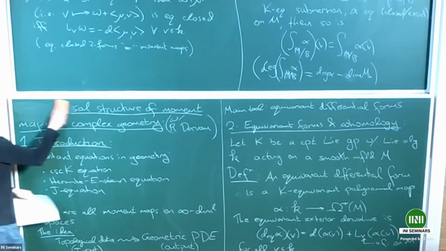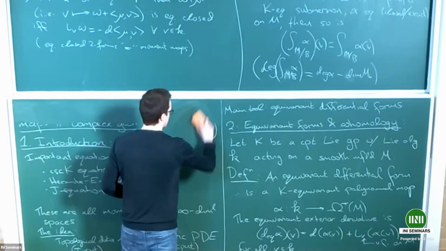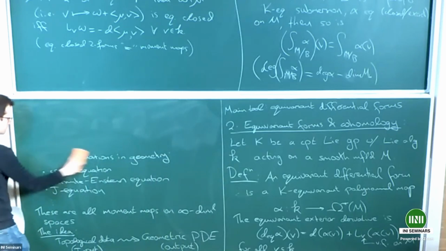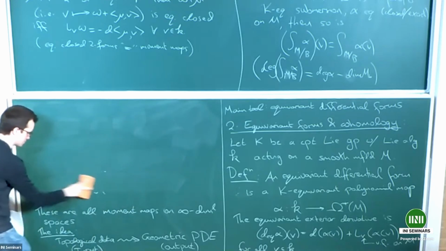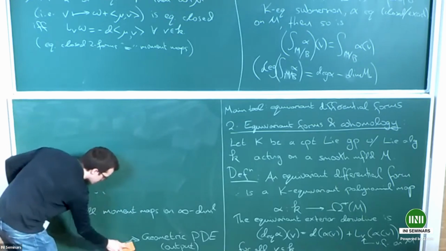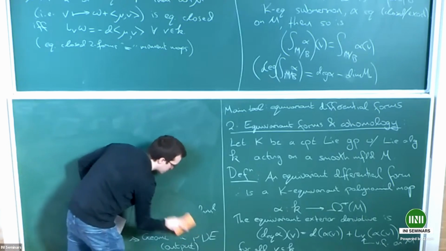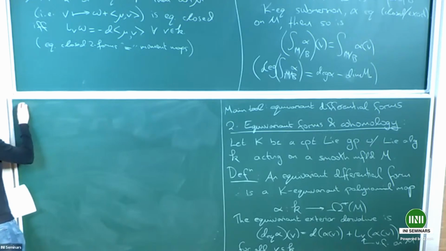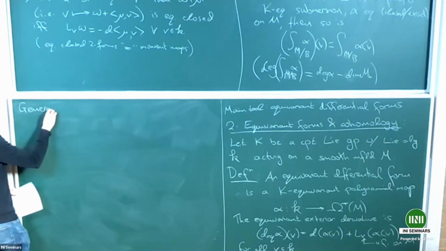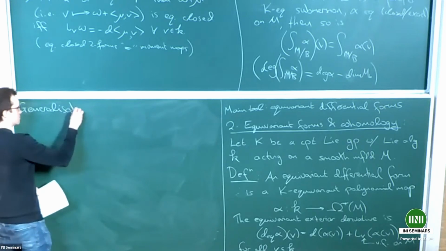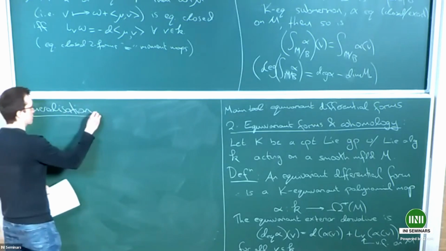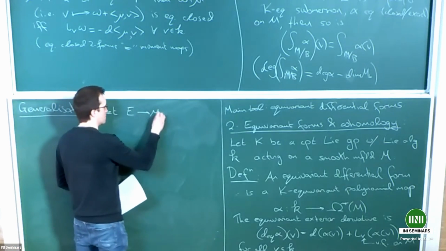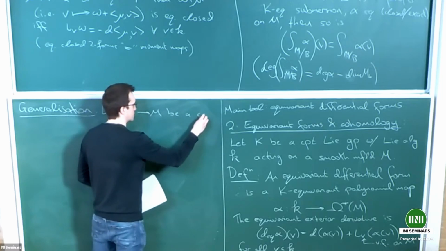I'll just need one more slight generalization of equivariant forms. So, generalization: let's let E over M be a complex vector bundle.